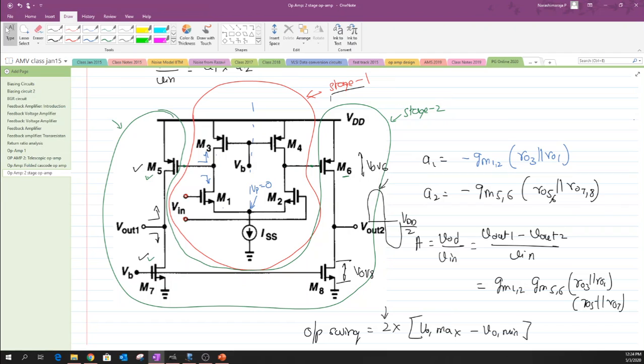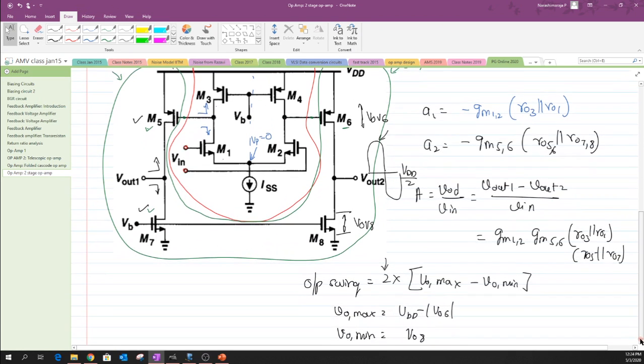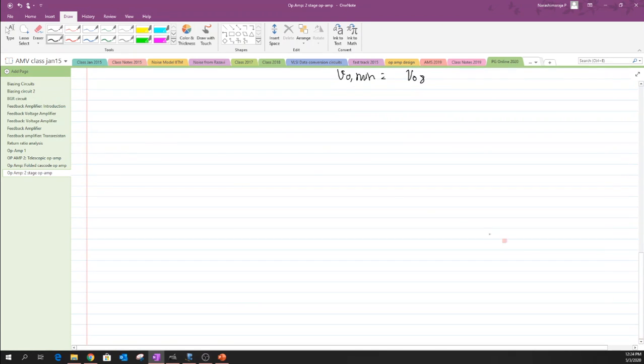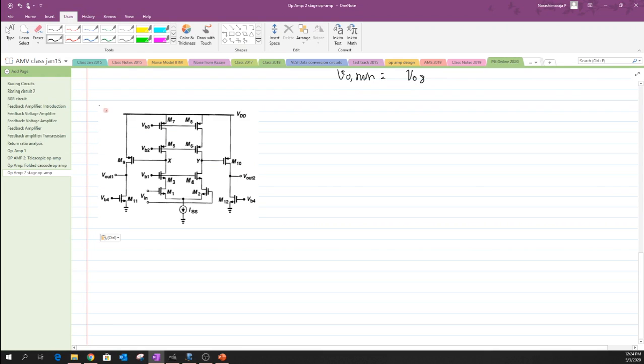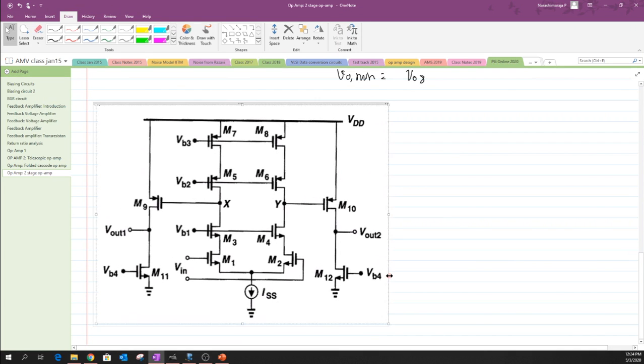Let me try to copy that circuit. And I just want to put it to the bottom. Yeah.